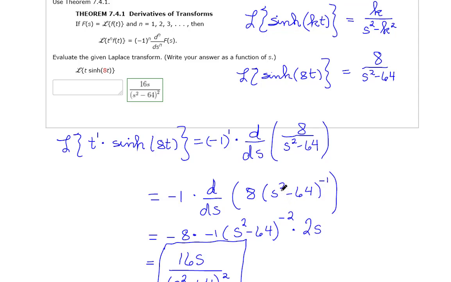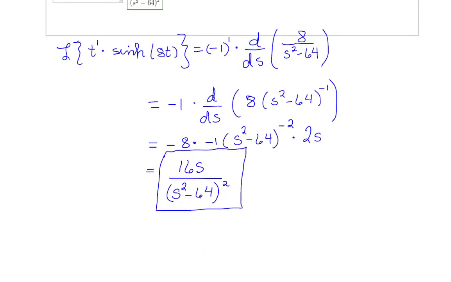And then the derivative of the inside is 2s. So collecting things together, let's see what we have. Got a negative 8, negative 1, so a positive 8. 8 times 2 is 16. Have an s on the top, and s squared minus 64, quantity squared on the bottom.